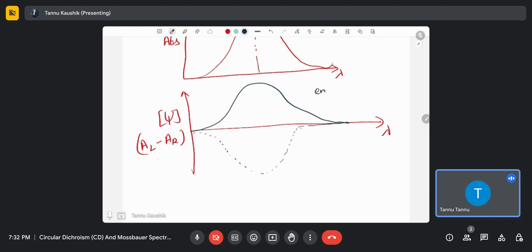This is for enantiomer 1, which gives positive psi values, and the other is enantiomer 2, which gives negative psi values. So this is what we call the positive Cotton effect, and this is the negative Cotton effect.